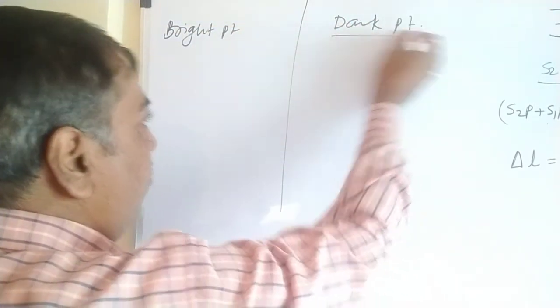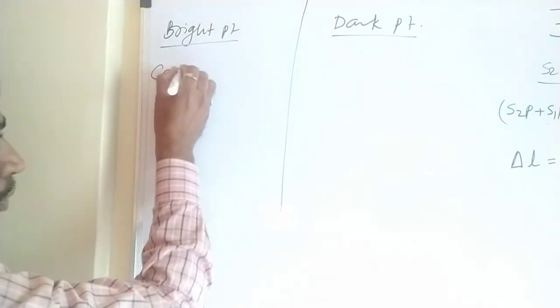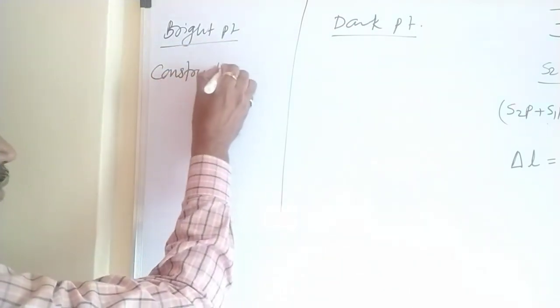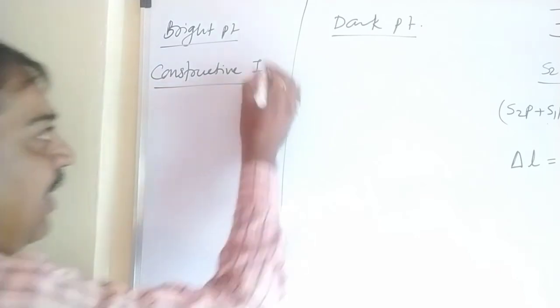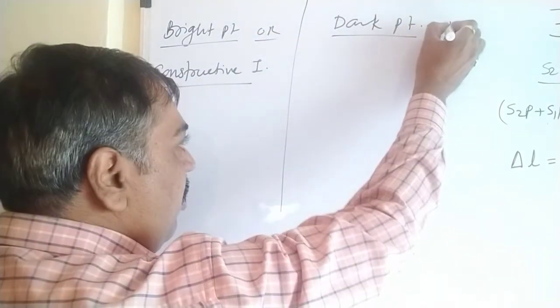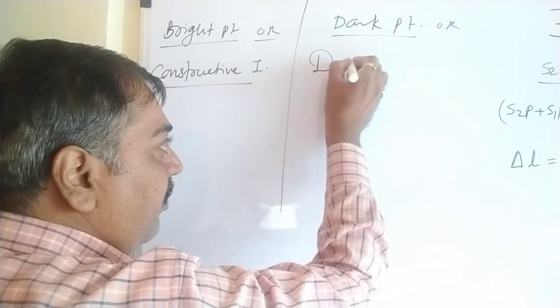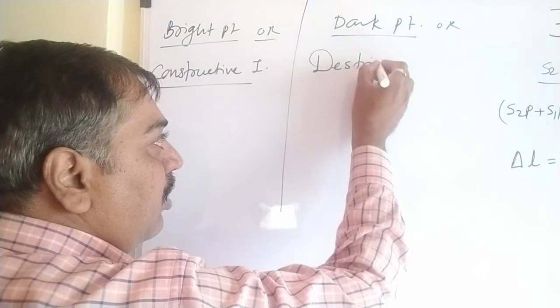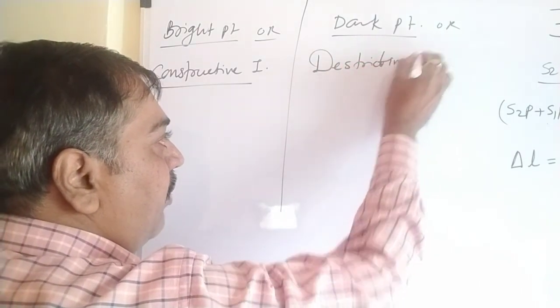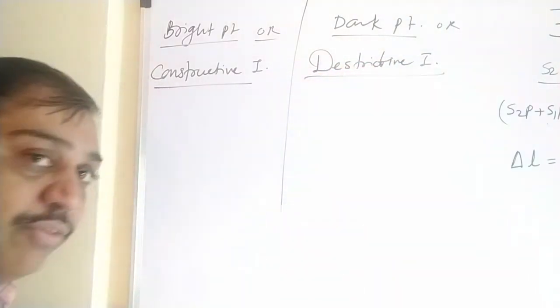Now remember, bright point means constructive interference, and dark point means destructive interference. So those conditions we have determined.